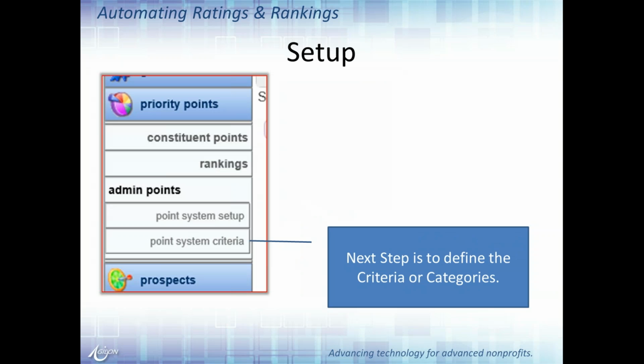So once you've set up your system, which is what we just walked through, now you want to go in and create the categories, or what are the different things that we're going to be looking at in order to build our point total for the system. That's found in point system criteria.